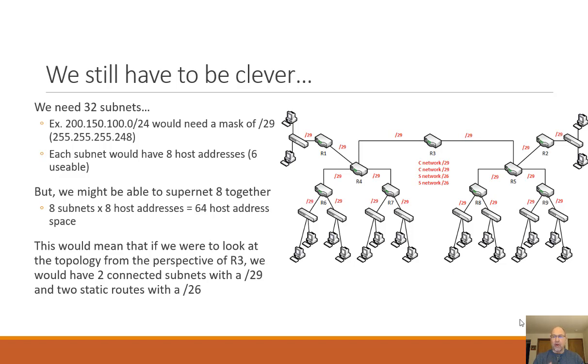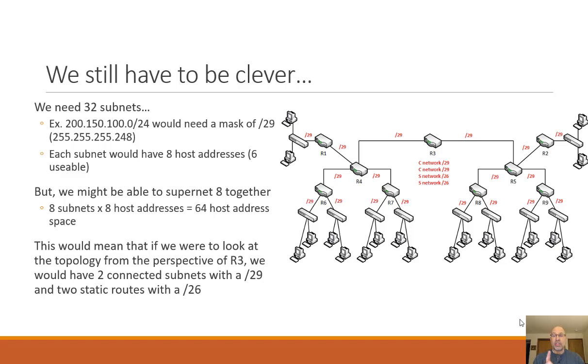If we take a look at R4 and R5, that might actually work for us. If I assign /29s and I'm clever about how I do it, I might be able to aggregate at those particular points. It turns out that if you aggregate 8 of those subnets together, they're collected together into a /26.